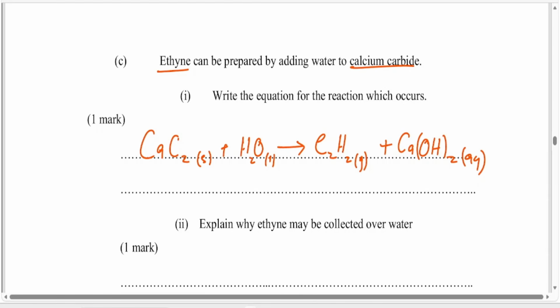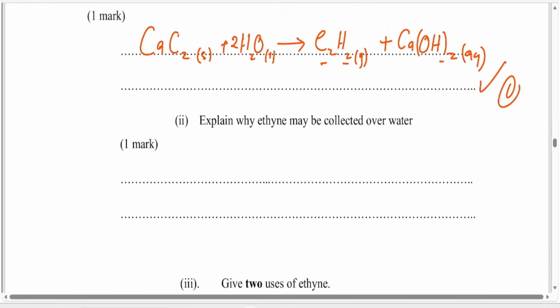Calcium 1, carbon 2, carbon 2, hydrogen 2, hydrogen 2, hydrogen 2, so those are 4. Hydrogen in this case are 2, so I put a 2 here. Hydrogen 4, oxygen 2, oxygen 2, and the equation balances out. So this is the equation to be balanced, have the correct state symbols. So this gives you 1 mark.